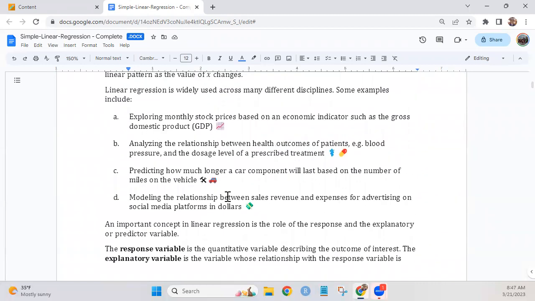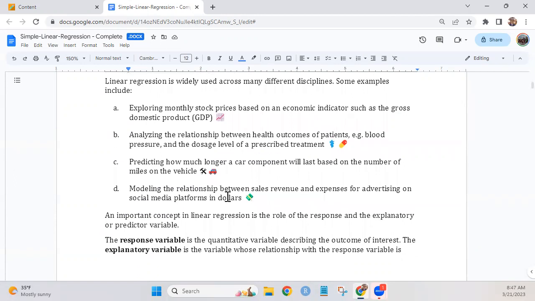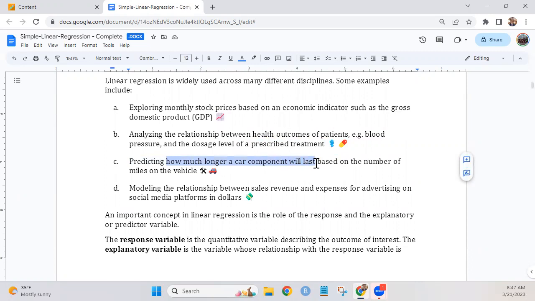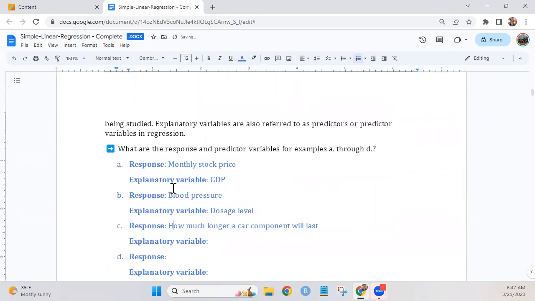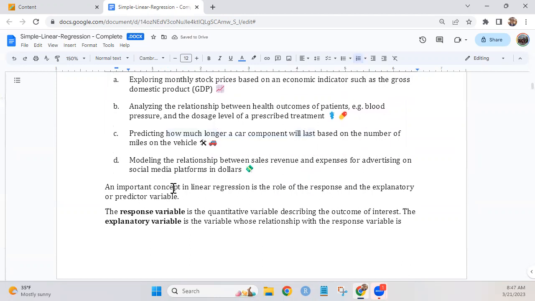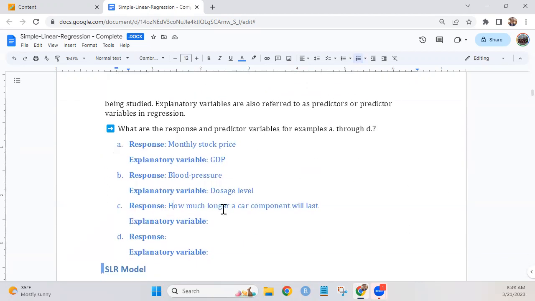What about the car example? What's our response? Yeah, how much longer a car component will last? And then the explanatory variable. Yeah, number of miles on the vehicle.